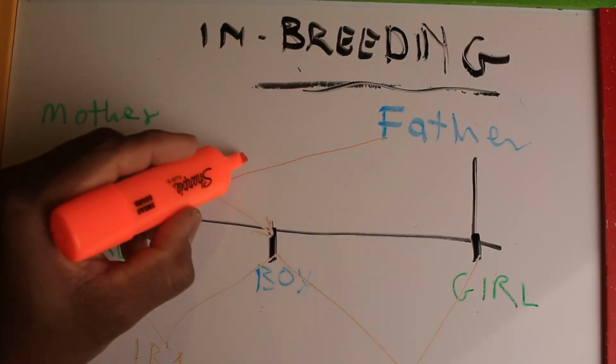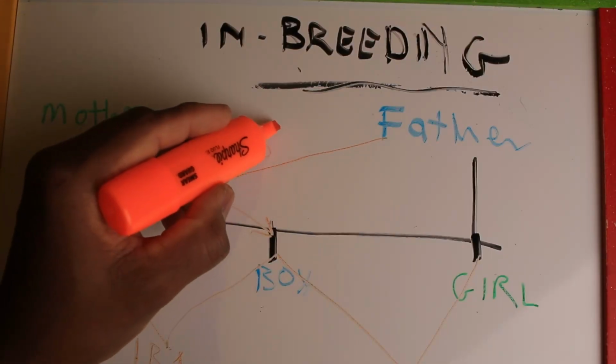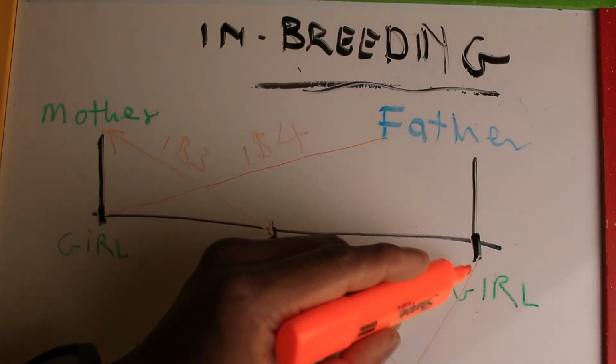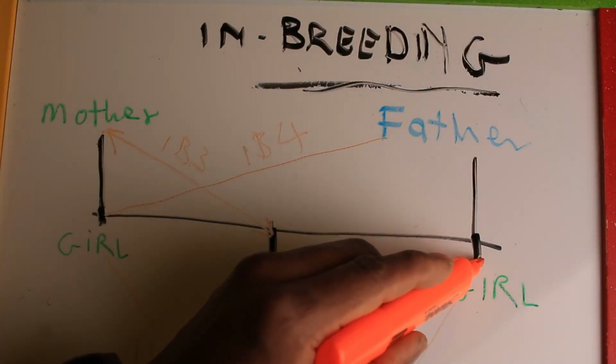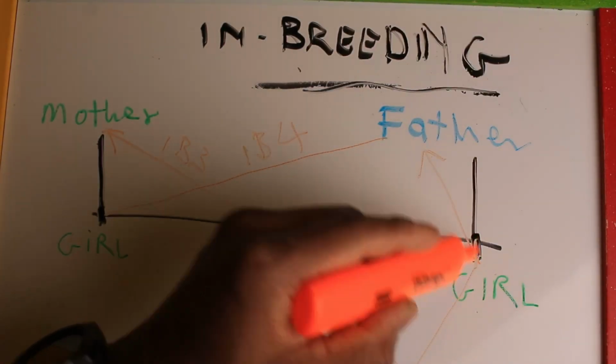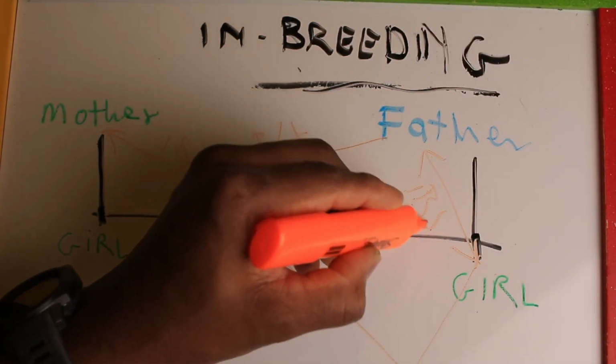Let's call that IB4, inbreeding number 4. Then you breed the other sister to the father, and you get IB5.